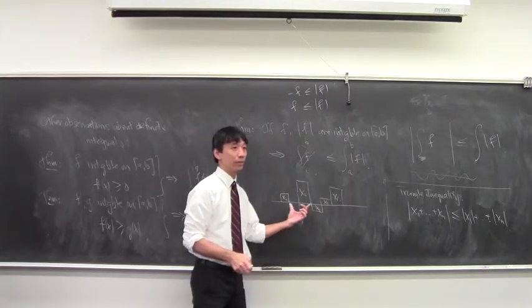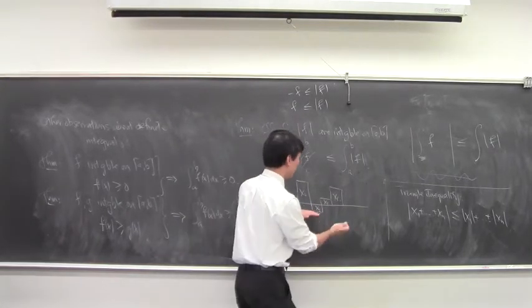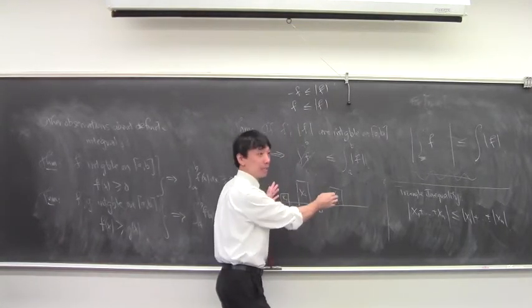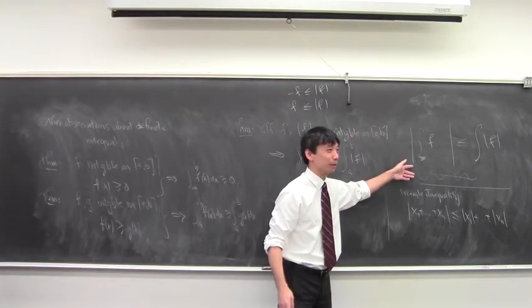If I have a bunch of areas and I take the absolute value of the area, that's smaller than if I flip them all upwards and then I add them together, right?